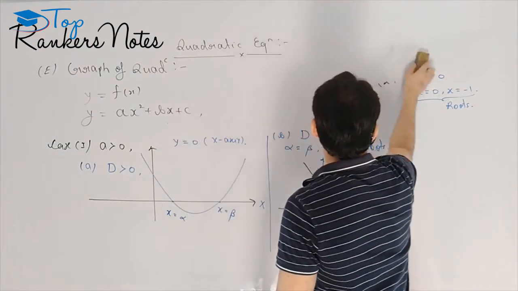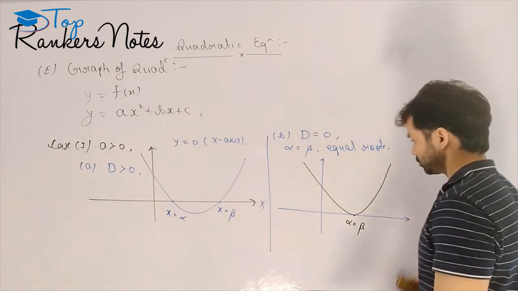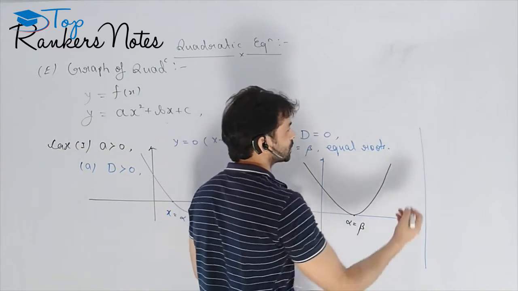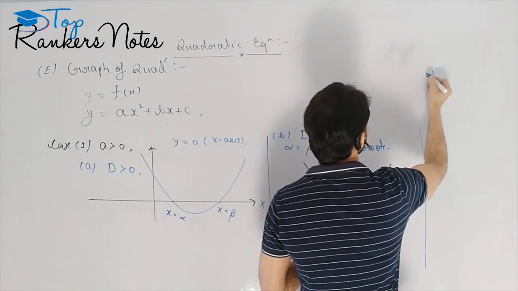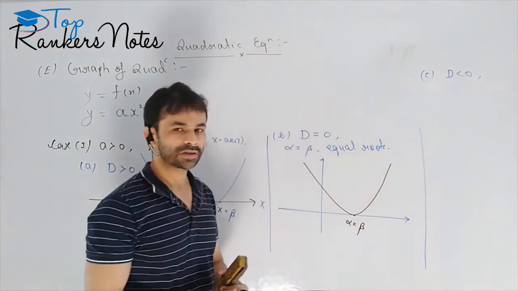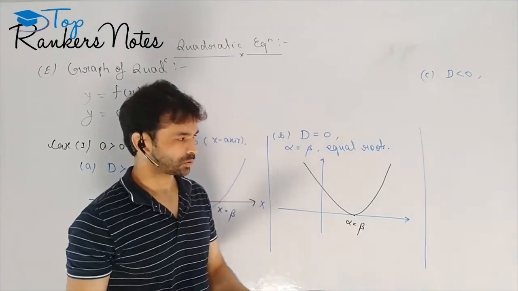And if there are no roots, or imaginary roots, it means the third case, the discriminant is less than 0. If the discriminant is less than 0, it means imaginary roots, there is no real root.